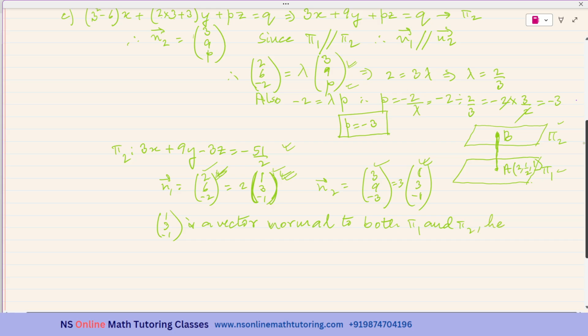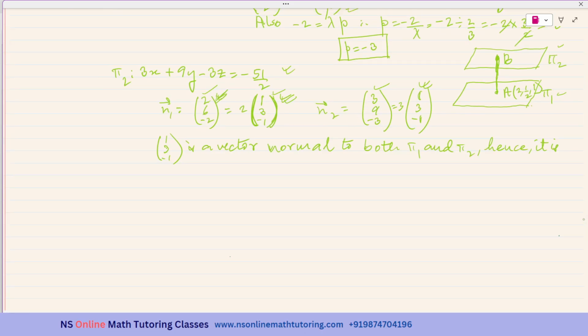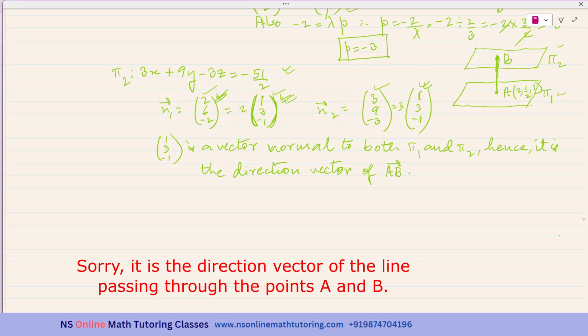Hence, it is the direction vector of AB or BA, whatever it is, the direction vector of that.